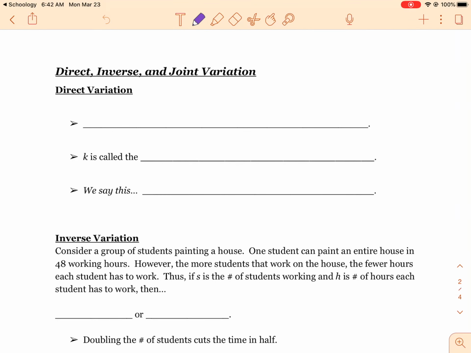The definition of a direct variation is a relationship expressed as y equals kx, and k can't be zero, otherwise there would only be a constant there. What that k is called is a constant of variation.